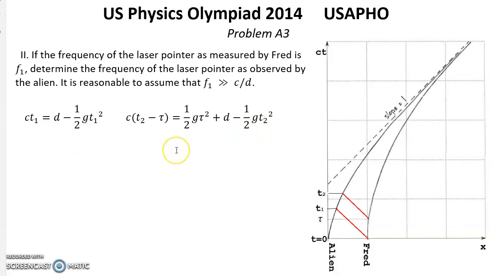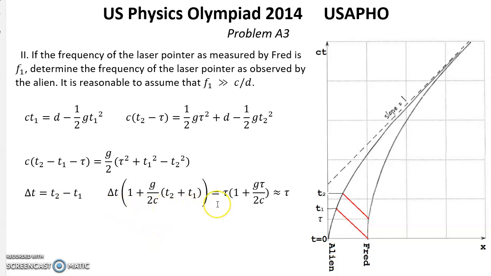So we have these two equations, and let's subtract the first equation from the second equation. After that we have this equation, and now let delta t be t2 minus t1. We have this equation, and because g tau over 2c is very small, this is approximately tau.